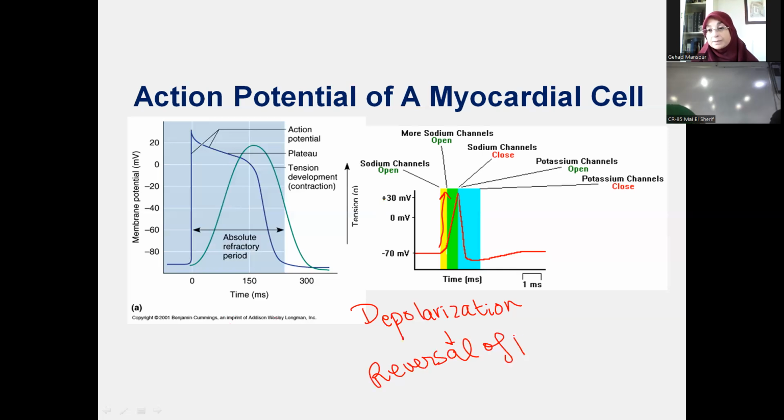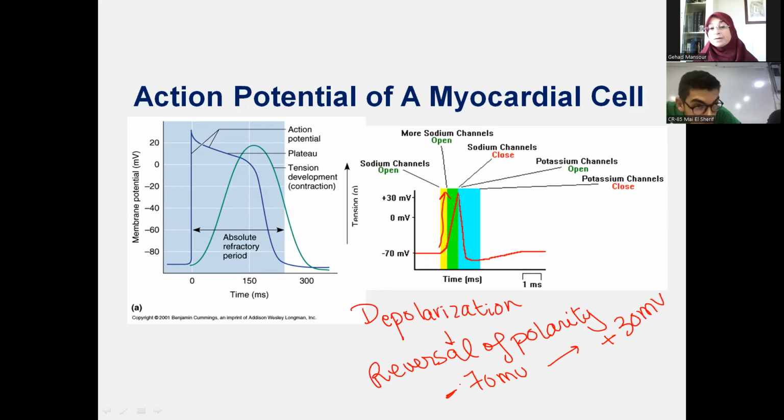How do we know? Because the potential difference was minus 70 millivolts and it has been converted into plus 30 millivolts. The minus has been converted into a plus, and since this sign refers to the inside, the inside now is more positive than the outside. And this is what we drew on the diagram.